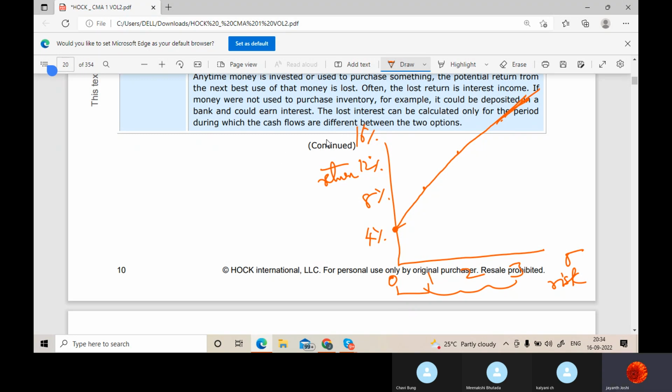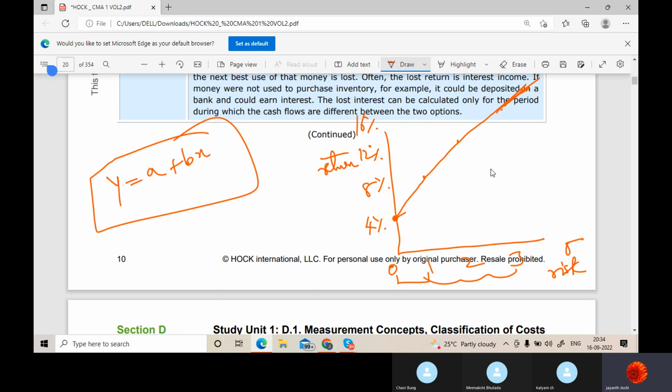Now what I mean to say here is I want to explain some point. Y is equal to a plus bx. This is a regression equation. Okay, you have seen many examples of dependent variable and independent variable. Let's say sales and advertisement, they share a positive relationship. If you increase the advertisement, the sales can increase.